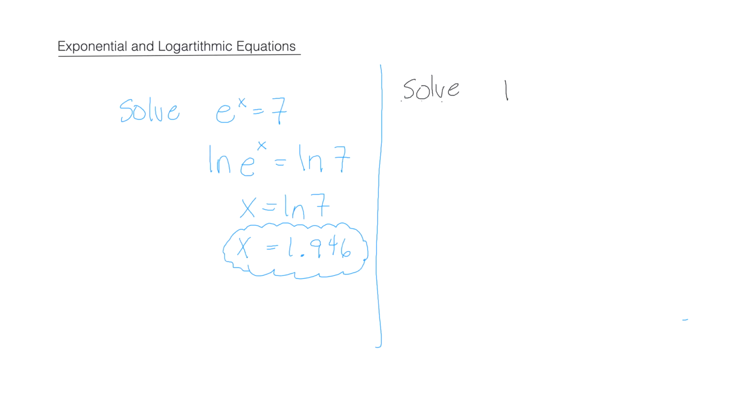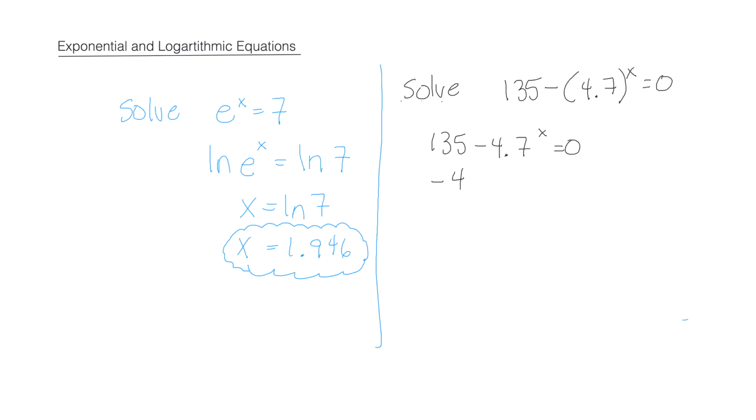Okay, so 135 minus 4.7 to the x equals 0. Just remove the parentheses.